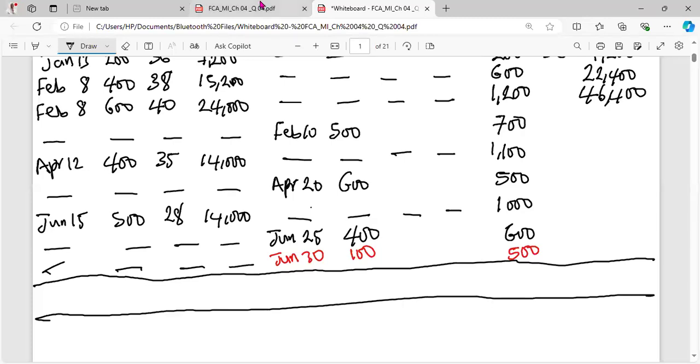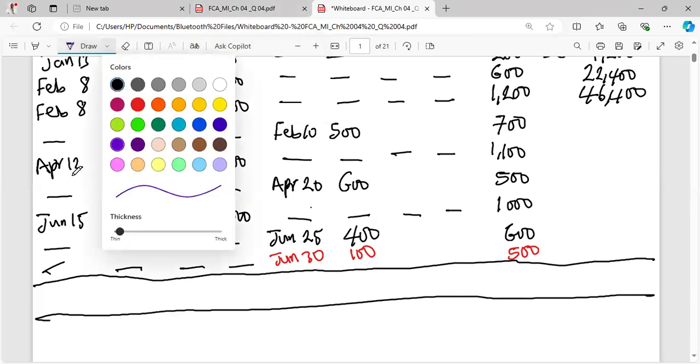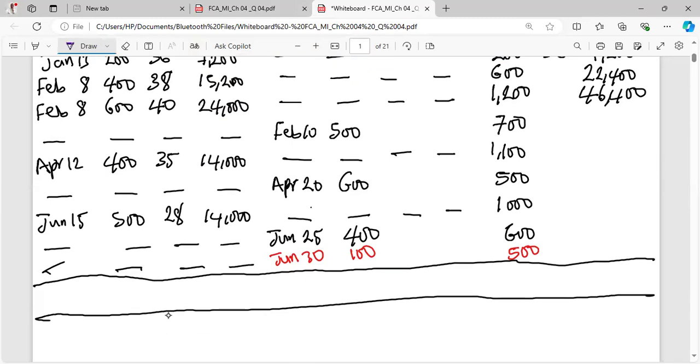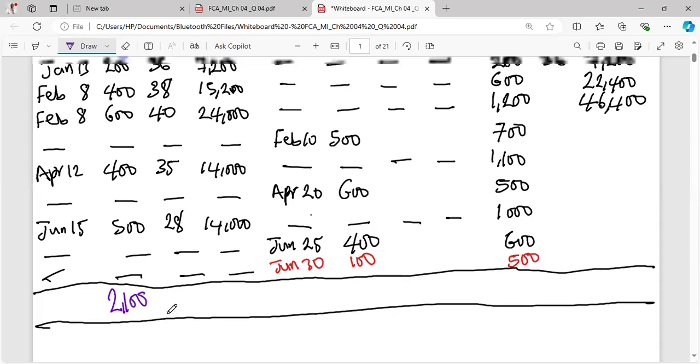Okay. So what do we get? If we have 200 plus 400, that will give us 600. Plus 600, that is 1,200. 1,200 plus 400, 1,600. 1,600 plus 500, 2,100. So our purchase is 2,100. Okay.